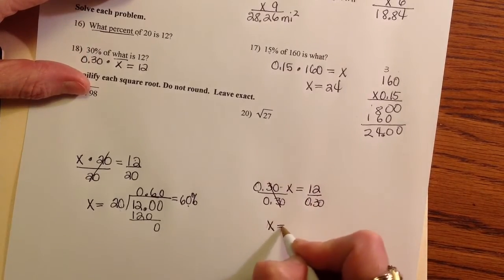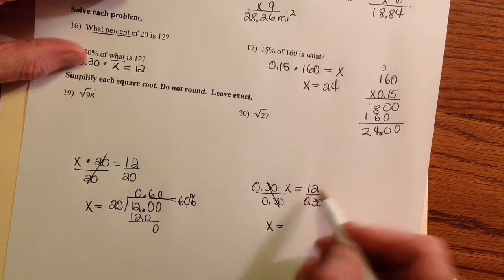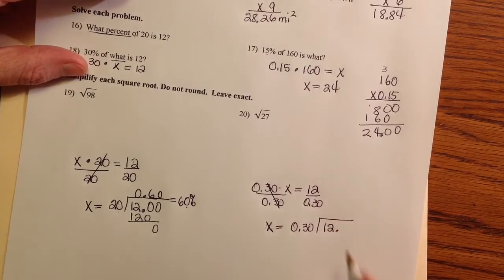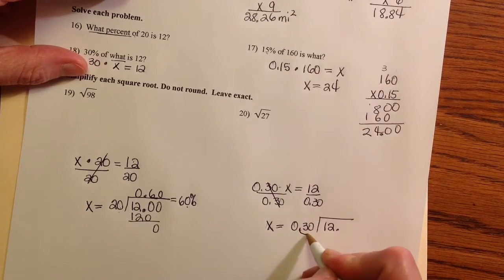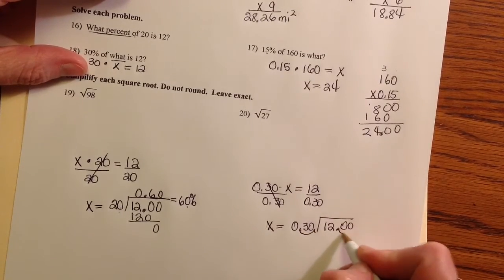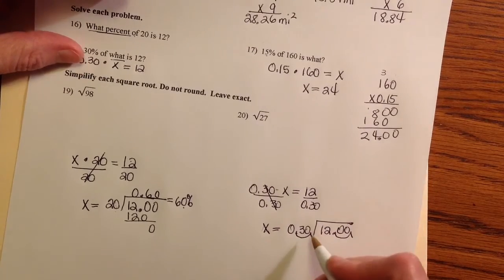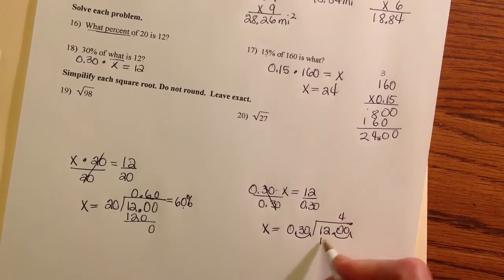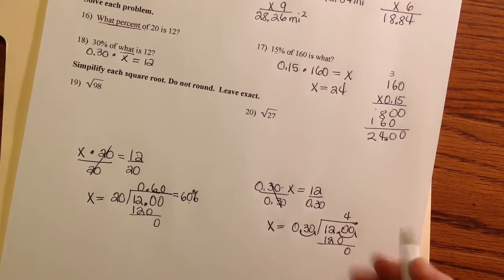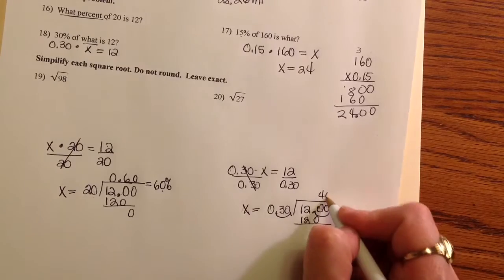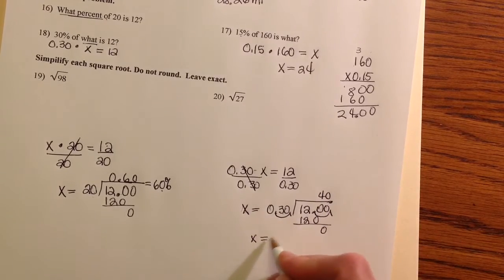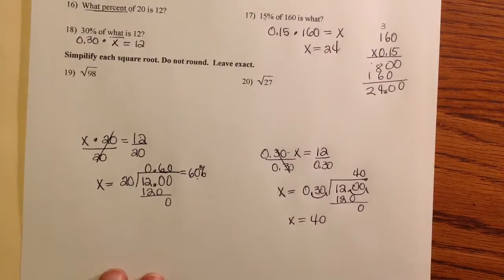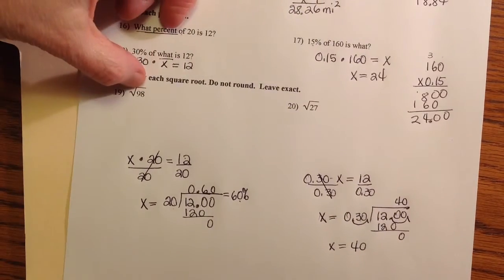And we get x equals, now in this case we're dividing the bottom into the top, so we're going to divide 0.30 into 12. There's my decimal. Now, this can't be a decimal, so I've got to move it over 2. So I'm going to have to add some zeros and move it over 2. So 30 doesn't go into 12, but 30 goes into 120 four times. Bring down your 0, and then 30 goes into 0, 0 times. So x equals 40.